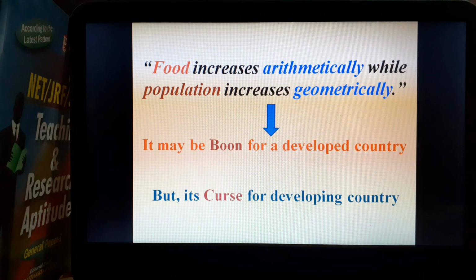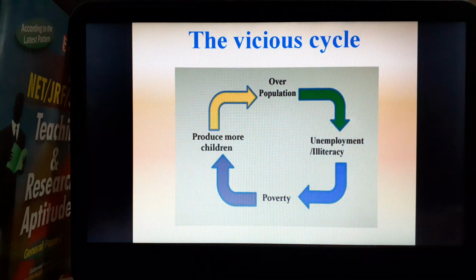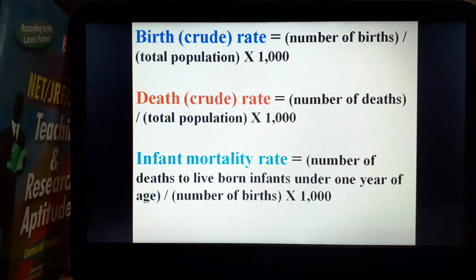It means this population explosion may be a boon for the developed country, but it's a curse for the developing country. This is the vicious cycle. You can easily understand the impact of overpopulation. If there is more population, it means unemployment and illiteracy are more, poverty is more, and people can produce more children, which is the ultimate cause of population explosion.